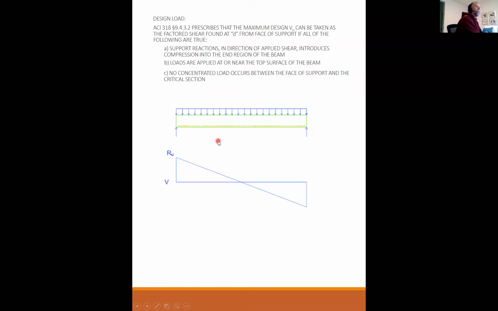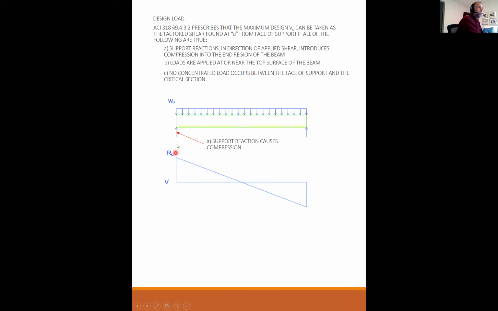A, your support reaction in the direction of the applied shear introduces compression into the end region of the beam. B, loads are applied at or near the top surface of the beam. C, no concentrated loads occur between the face of support and the critical section. So the support reaction causes compression.